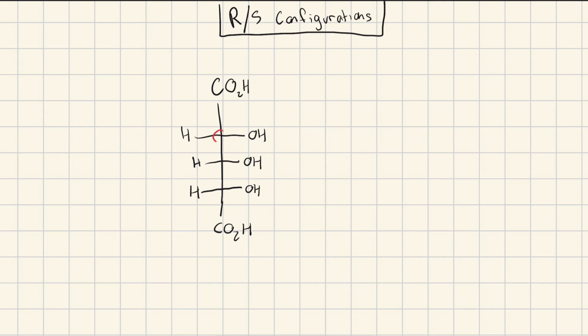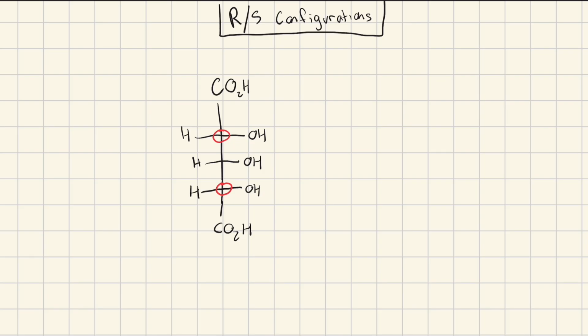If we look at this carbon, we're attached to this longer carbon chain, the carboxylic acid, the alcohol, and the hydrogen. That is a chiral center. If we look at the bottom carbon, that's attached to the exact same groups, just reversed.